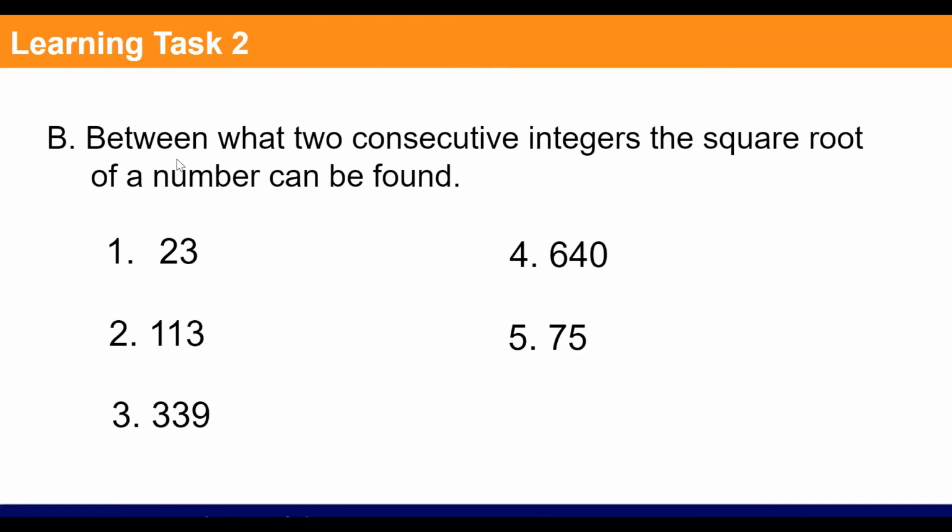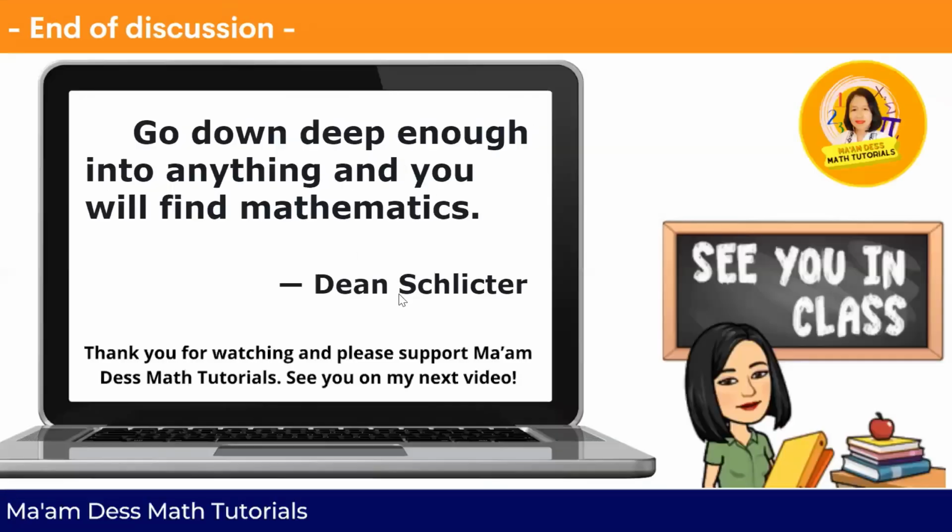Per letter B, between what two consecutive integers the square root of a number can be found. So, yung mga number na ito, hanapin mo yung dalawang magkasunod na number wherein yung mga given na ito ay nasa gitna. Okay? I-pause ang video at sagutan.